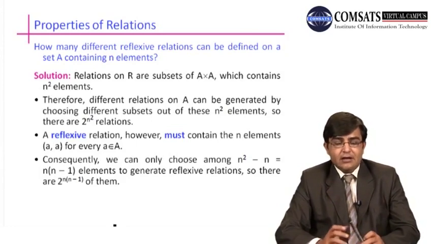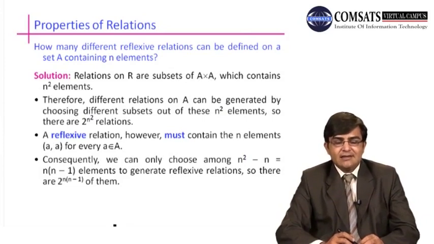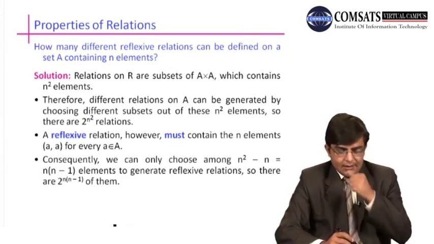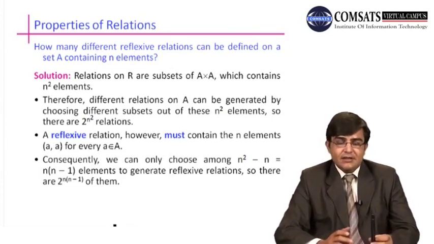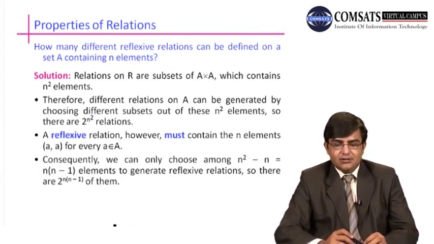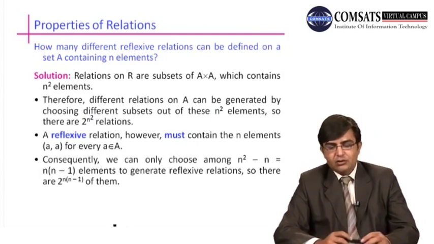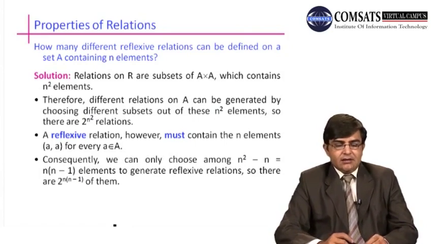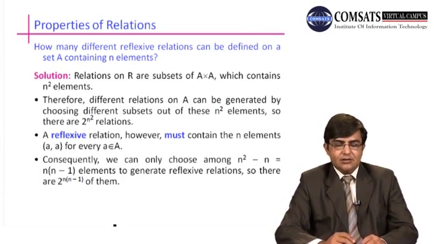Now we are going to define how many different reflexive relations can be defined on a set containing n elements. Relations on A are basically subsets of A cross A, which contains n square elements. We have discussed it already. Therefore different relations on A can be generated by choosing different subsets out of these n square elements. So there are 2 power n square relations.